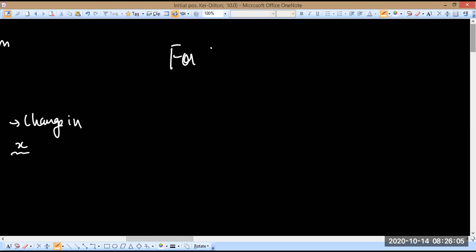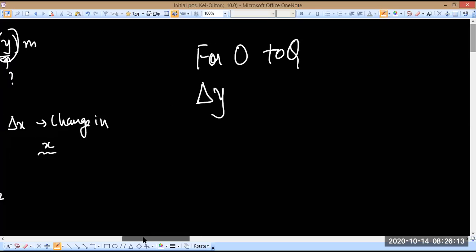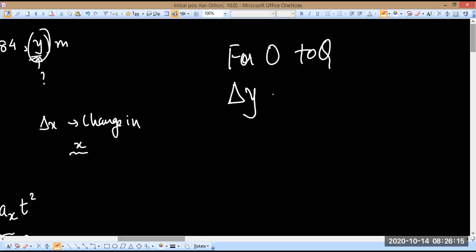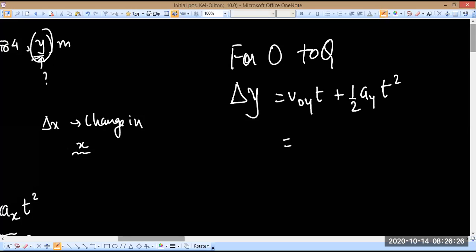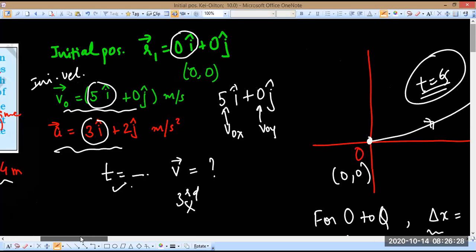So for O to Q once again. But this time we want to find y. So we have to use delta y. So delta y is equal to V0y t plus half ay t square. Okay. Let's put values. What is V0y? Go back to the question.